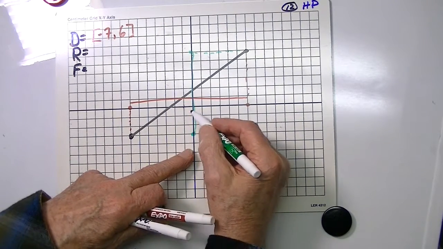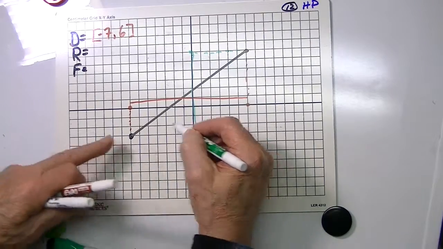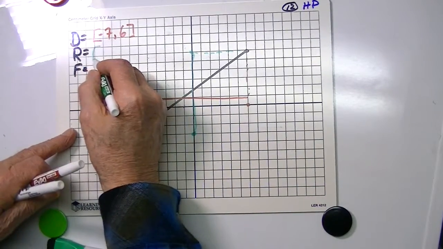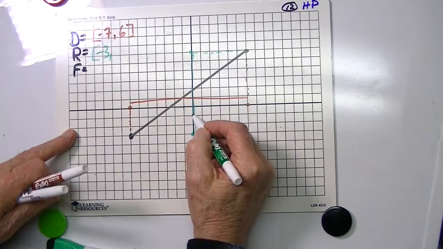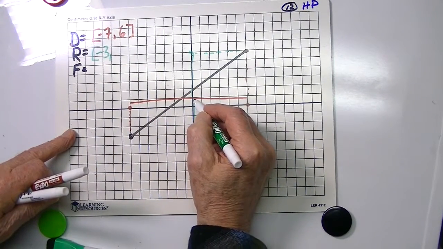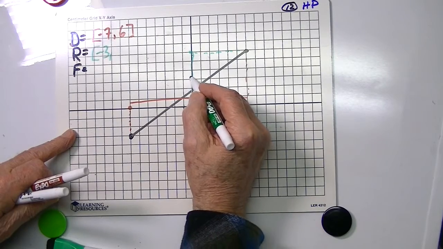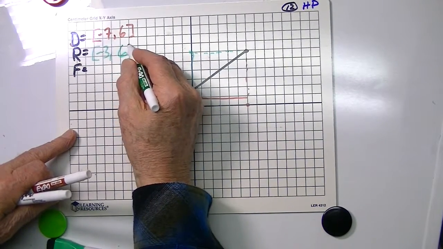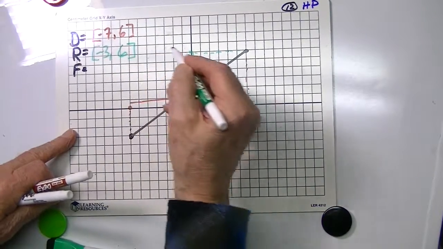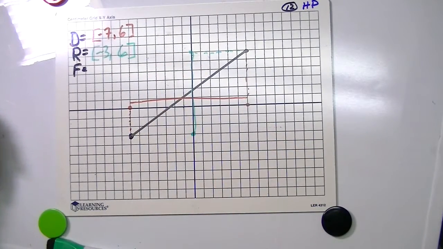So starting at 1, 2, 3, a -3, going up to 1, 2, 3, 4, 5, 6, a 6 for y values. That would be our range.